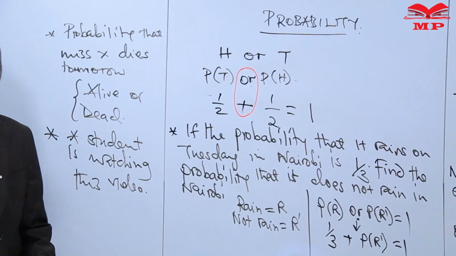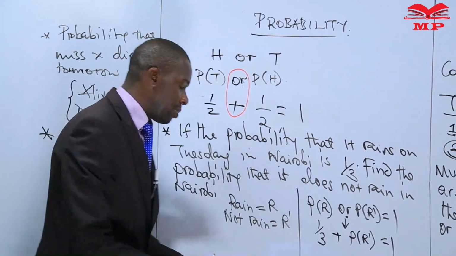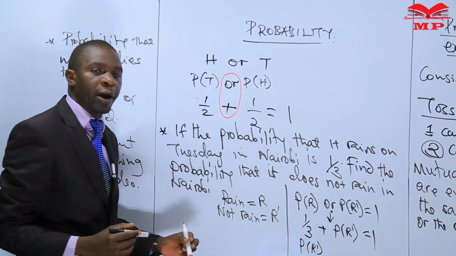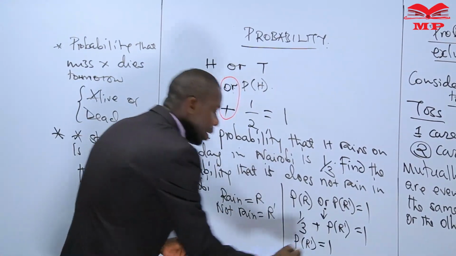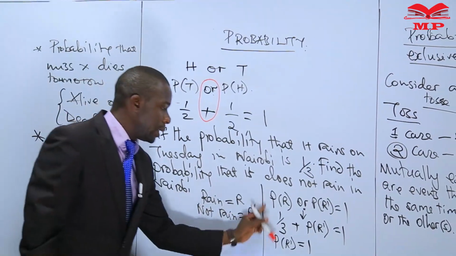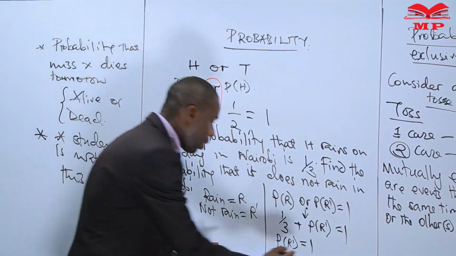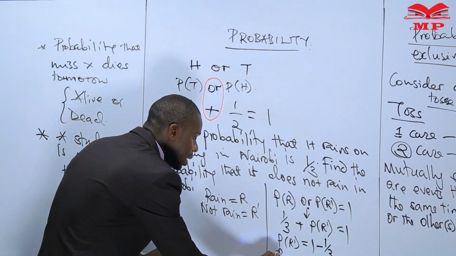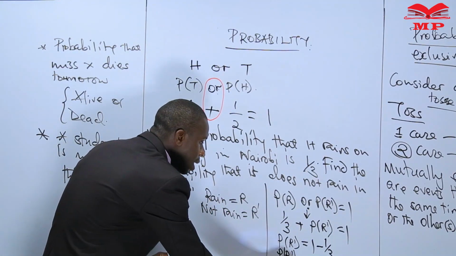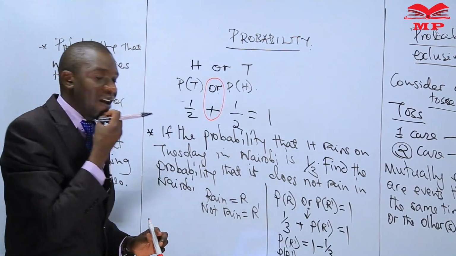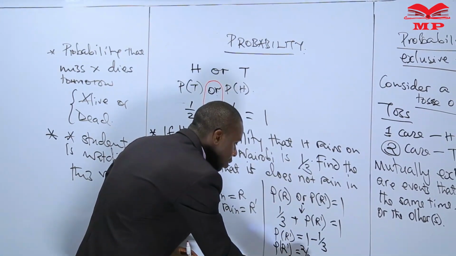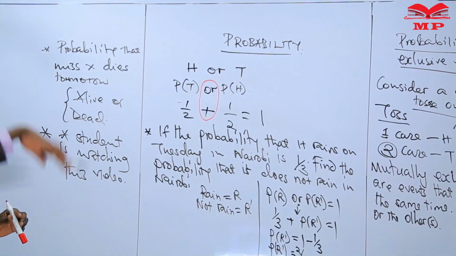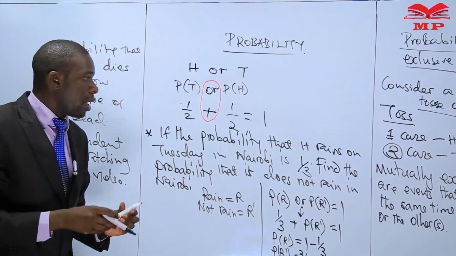So collecting like terms, the probability that it does not rain is 1 minus 1/3, which is 2/3. So that is something we can do. Those are mutually exclusive events.